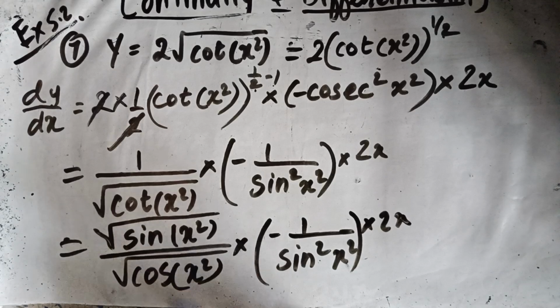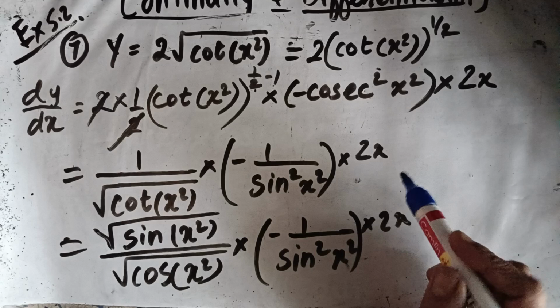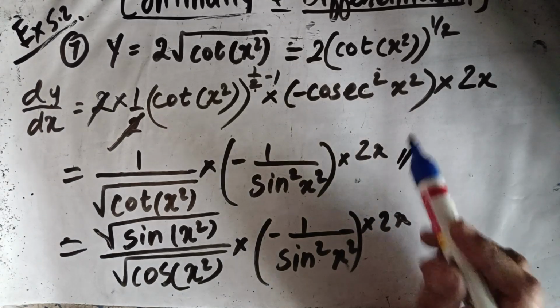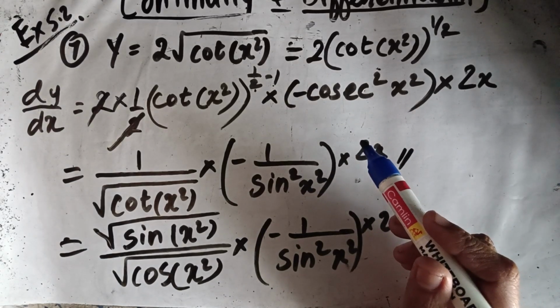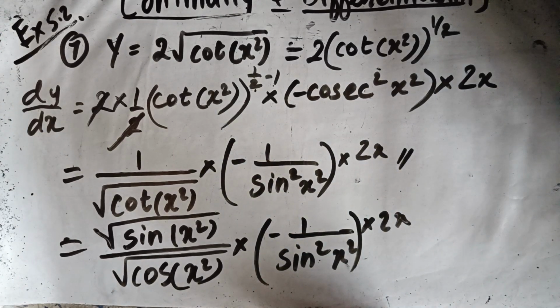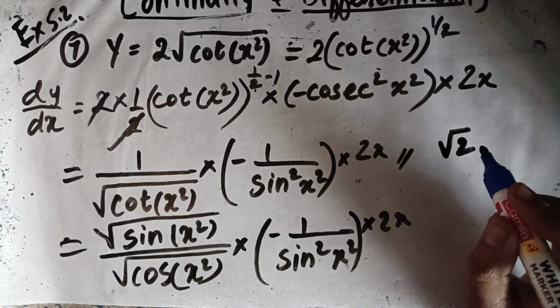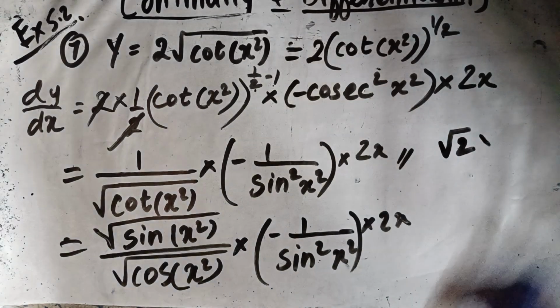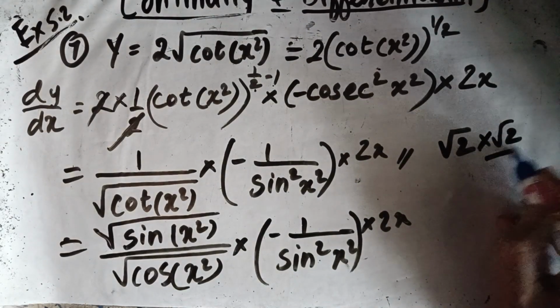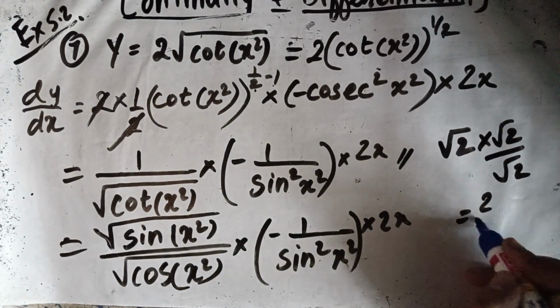Now how to cancel this sine square x square? We can keep the answer up to here also, or we can simplify it. So how do you write root 2? Root 2 I can convert to 2 upon root 2 by multiplying by root 2 upon root 2.